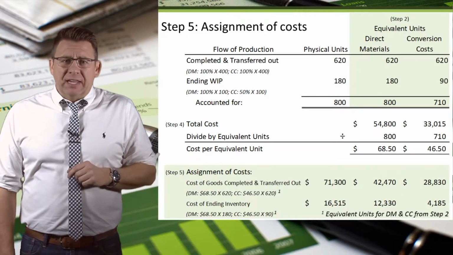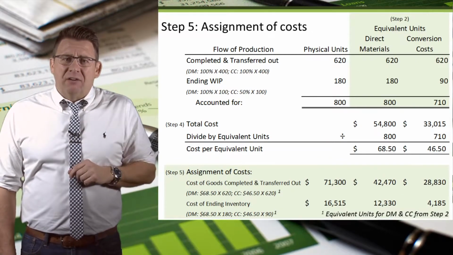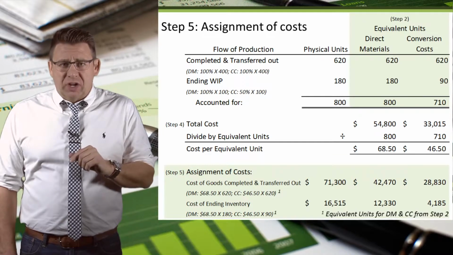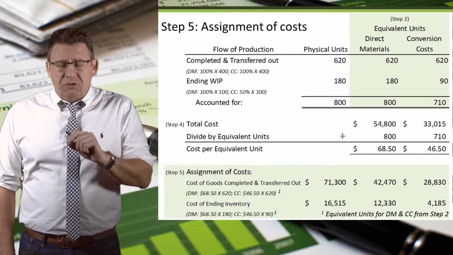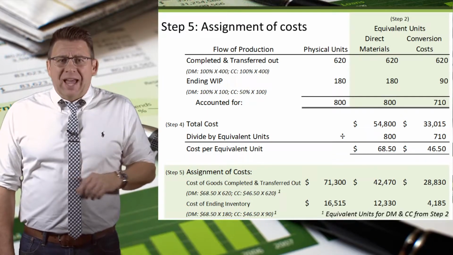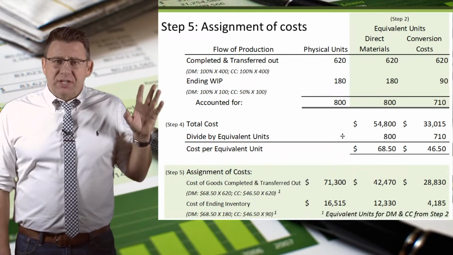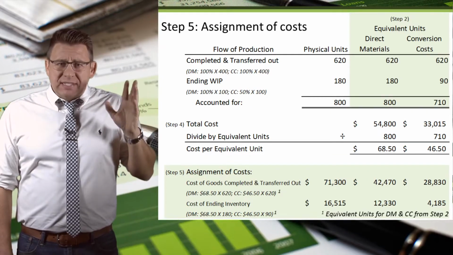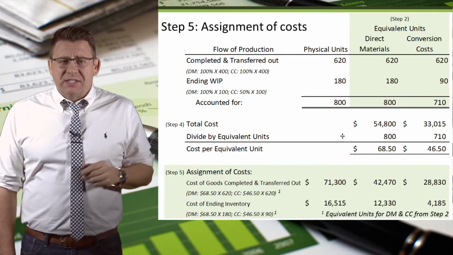Step 5 is assignment of direct materials and conversion costs to the units completed and transferred out and to the units of ending inventory. I've condensed a few of the steps on this slide so you can see all the information needed in this step.